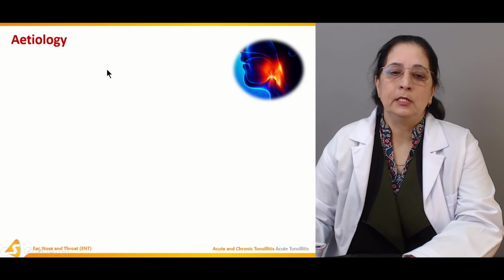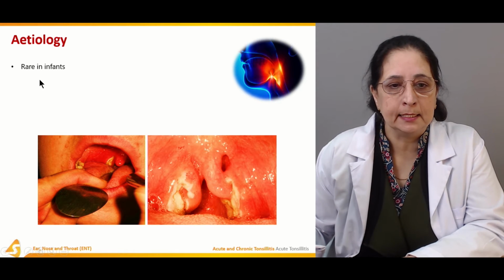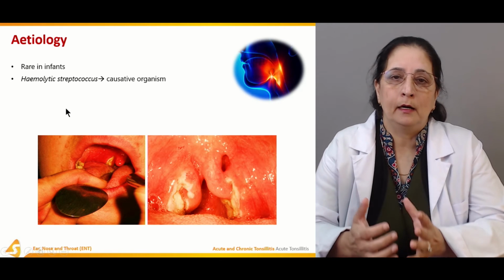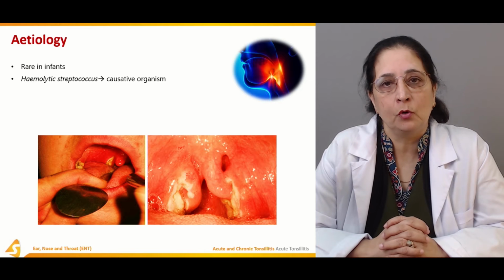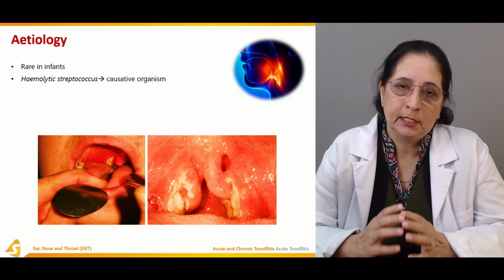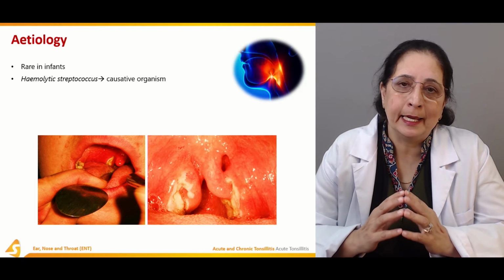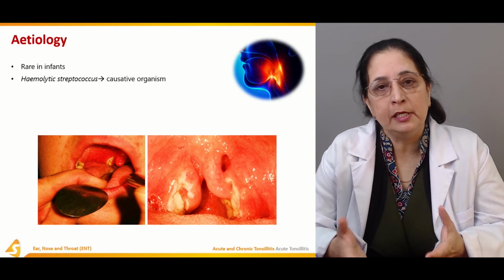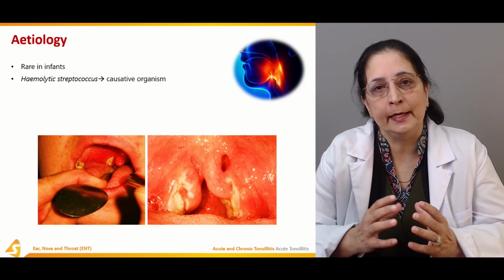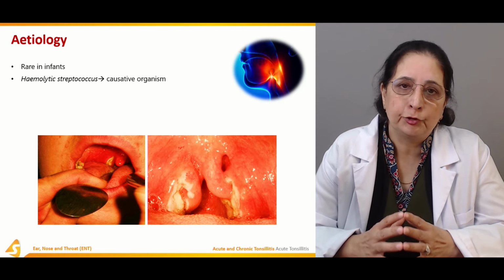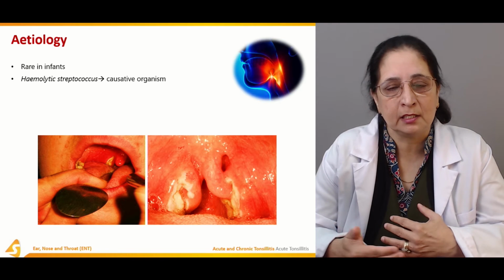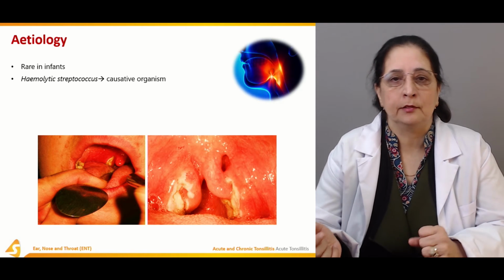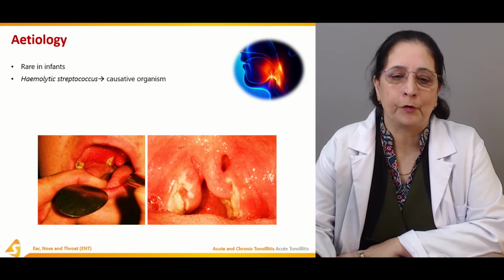Now, what are the causes of tonsillitis? It's rare in infants. The cause is hemolytic streptococcus. Strep throat is acute tonsillitis, very common, and can now be diagnosed clinically in the office by the strep throat test, which is a very easy test performed in the office, and it gives the result right away.